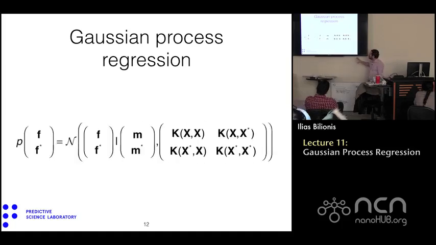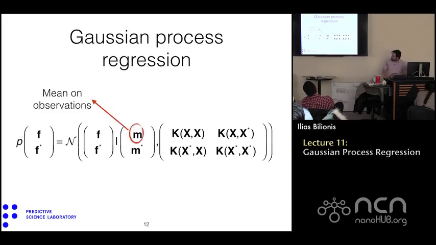But anyway, let me just give you this picture of what this probability density really looks like. First of all, it is a finite dimensional probability density. It corresponds to a finite dimensional random vector f and f star. Of course, f is observed, but we'll enforce that in a while. This m here is the mean function evaluated at the observed inputs.